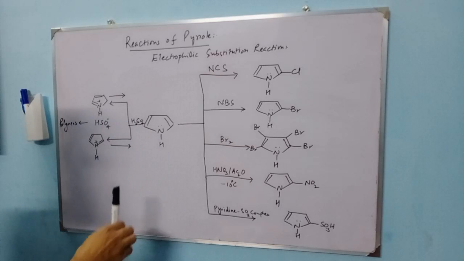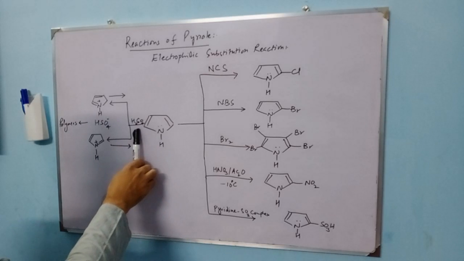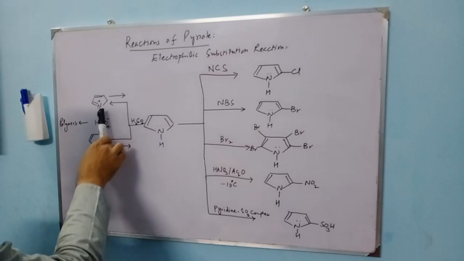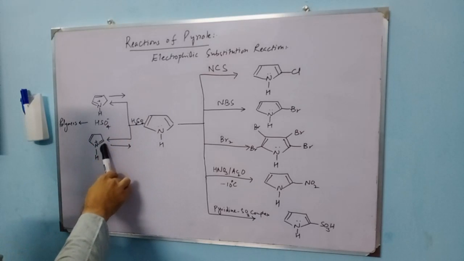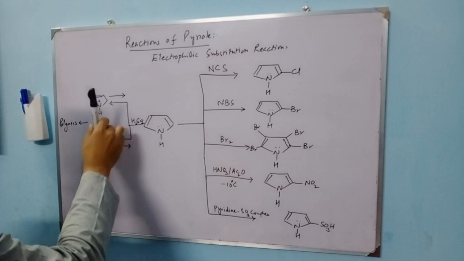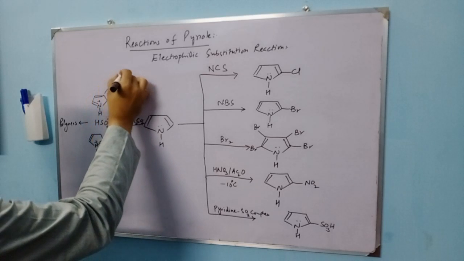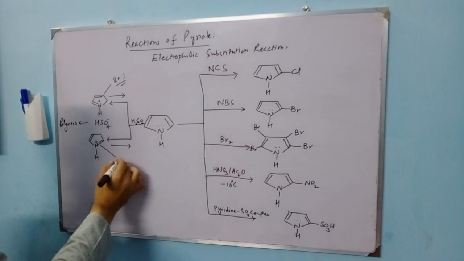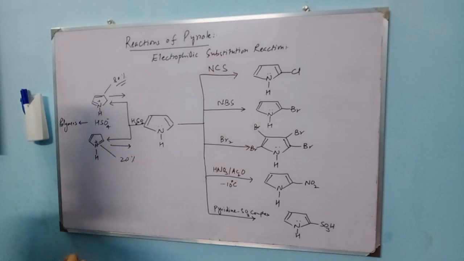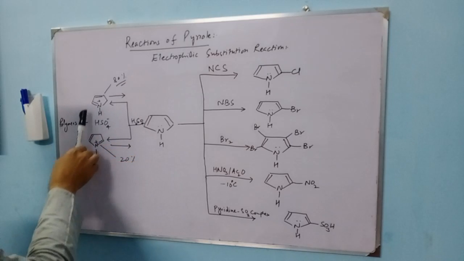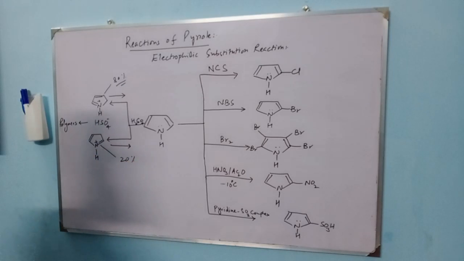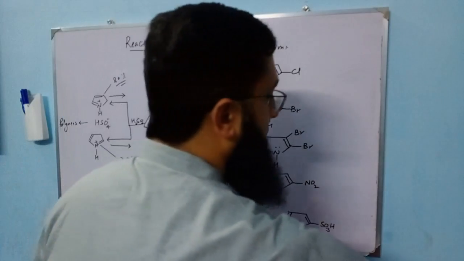So when sulfuric acid is treated with pyrrole, we get protonated pyrroles, in which this is 80% at position 2, and here at position 3 this forms in 20%, and as a result of this protonation polymers are obtained. So these were electrophilic substitution reactions.